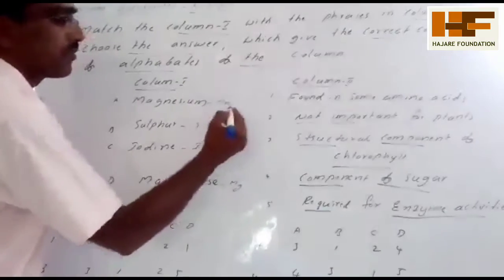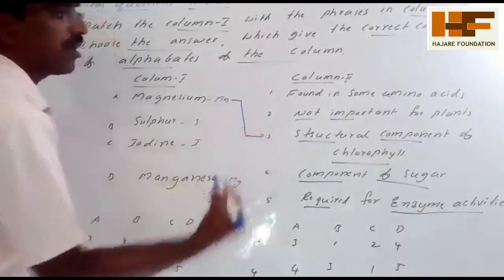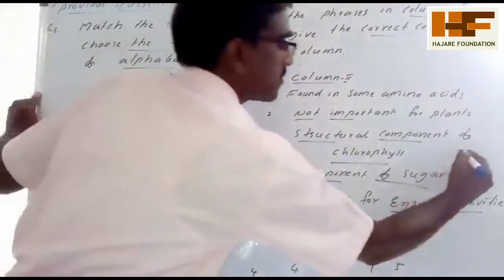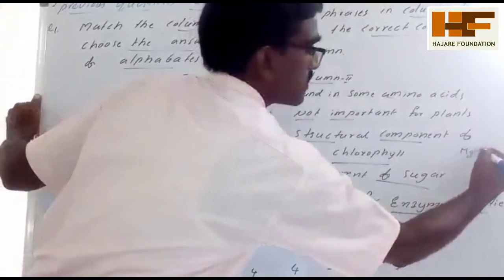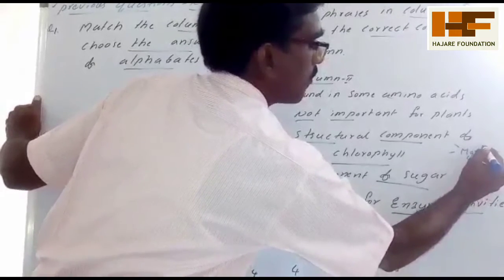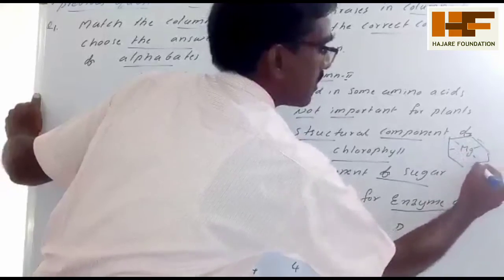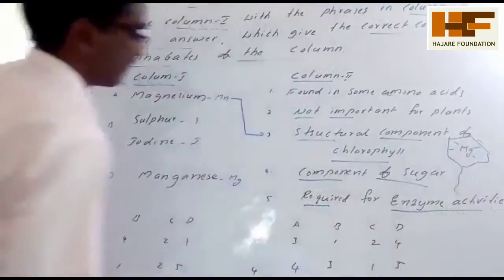Then magnesium. The magnesium function is that it is a structural component of chlorophyll. Already discussed, magnesium is present in the head part of chlorophyll, and the remaining part is the tail.